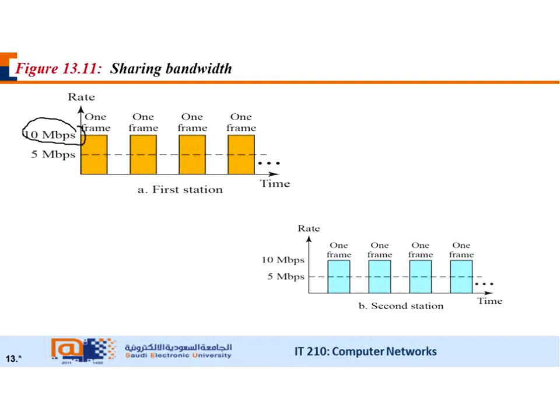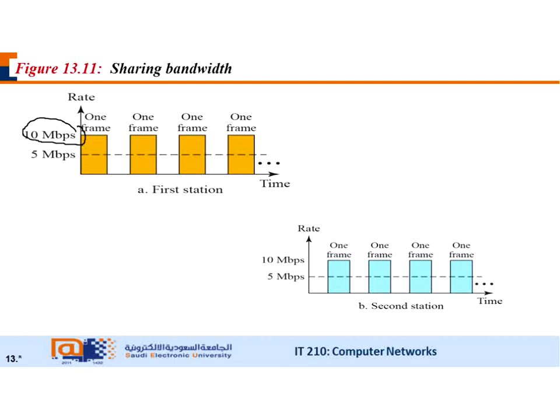If only one station has a frame to send, it benefits from the total capacity of 10 megabits per second. But if more than one station needs to use the network, the capacity is shared. For example, if two stations have a lot of frames to send, they probably alternate in usage.